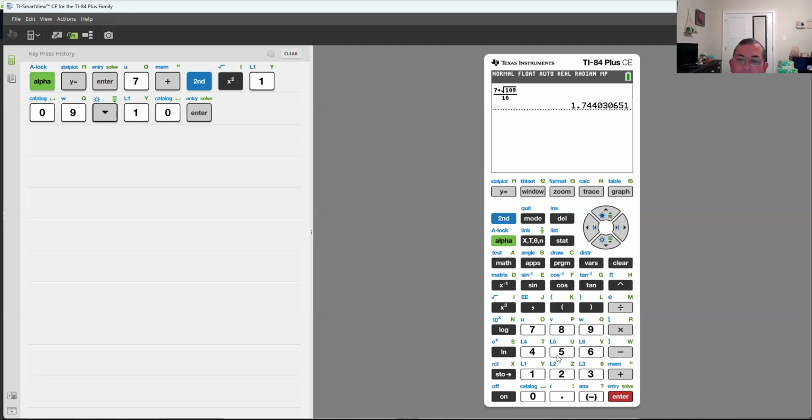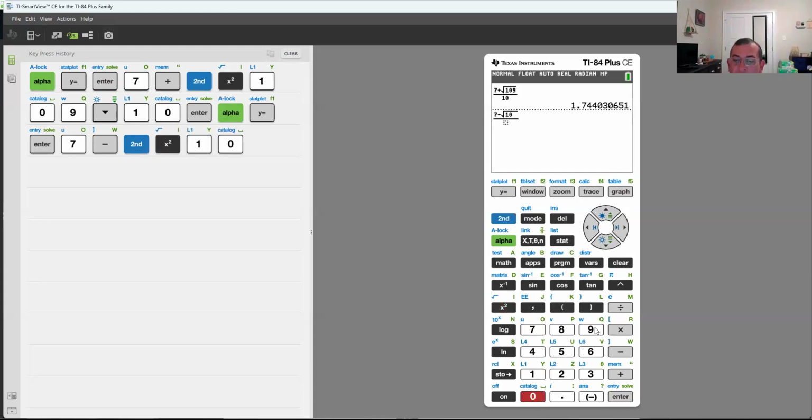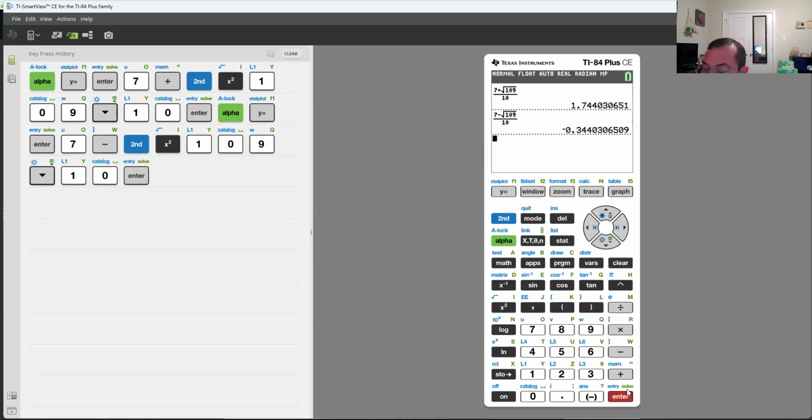Now to get the second one, I'm going to do the fraction again. Alpha y equals enter. On top of this one, we got 7 minus square root of 109. Arrow to the bottom, put in our 10. And when we hit enter, we'll have the other decimal approximation, which is a negative 0.344.